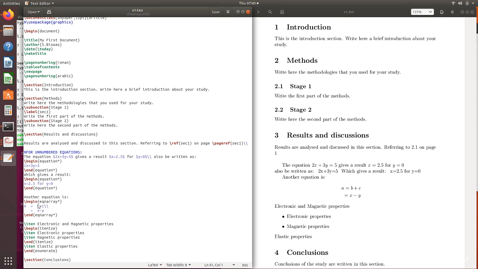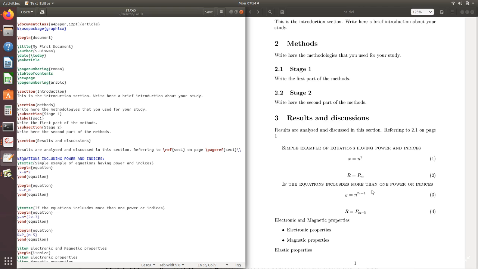To write those two equalities, we know the command should be like this: begin eqnarray and end eqnarray, and then within this the equalities will be written. And see here I have used a star sign and a star character also here. So this will produce our output without any equation number. I hope that you understand this.